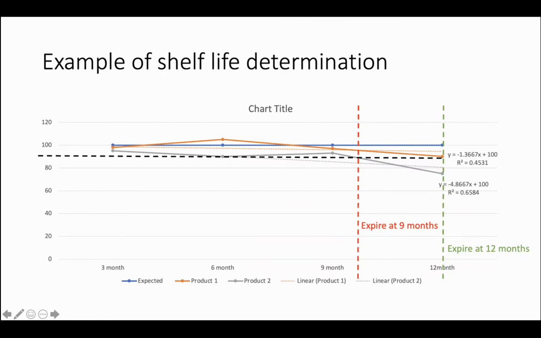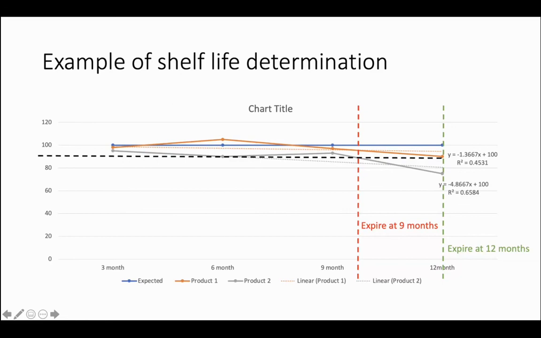So the orange dotted line is the linearized line. If you see the linearized line for product 1, it gives an R squared value of 0.45 and the equation of y equals minus 1.3x plus 100.